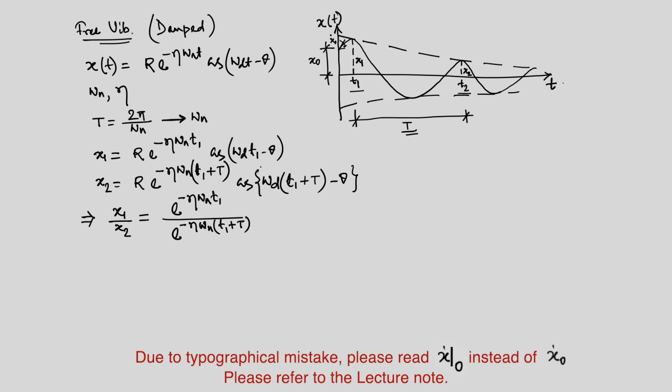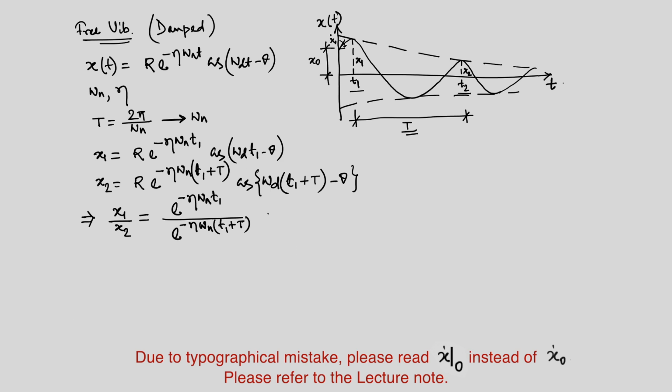And because the remaining part is a cosine function, and we consider its value at one time period apart, obviously they will be equal and will get cancelled.